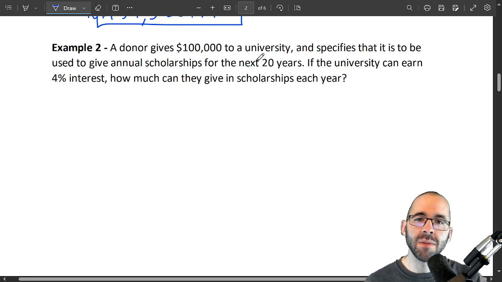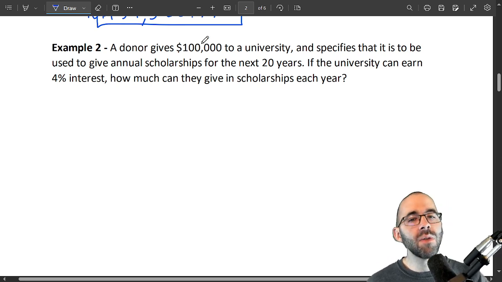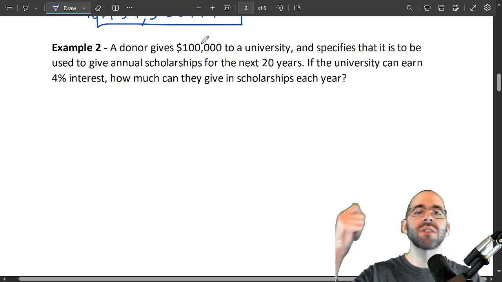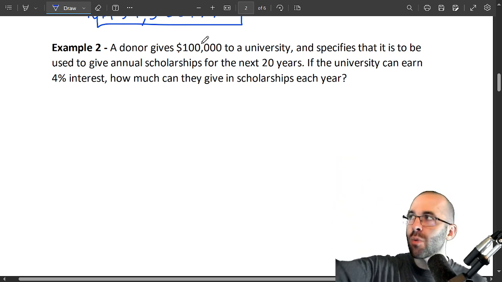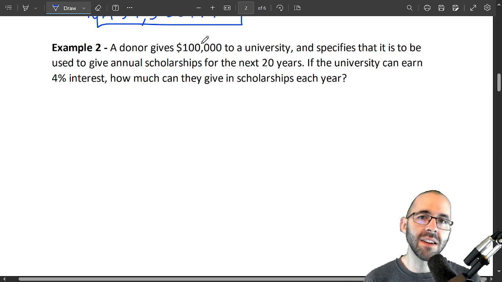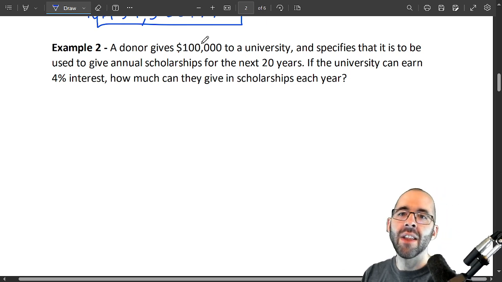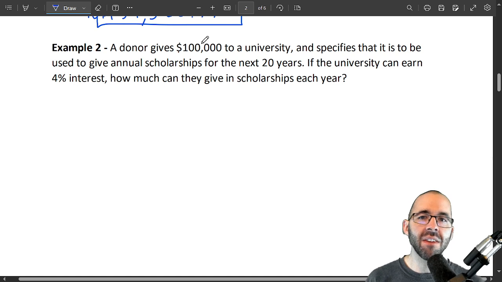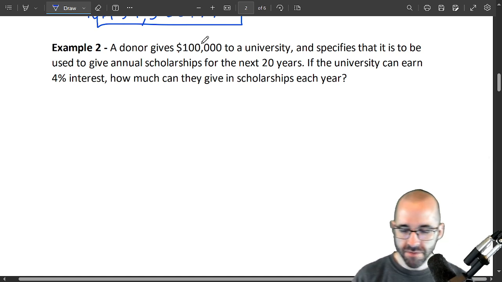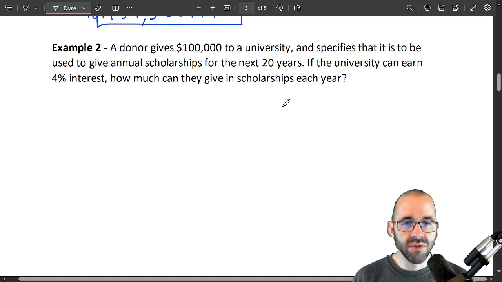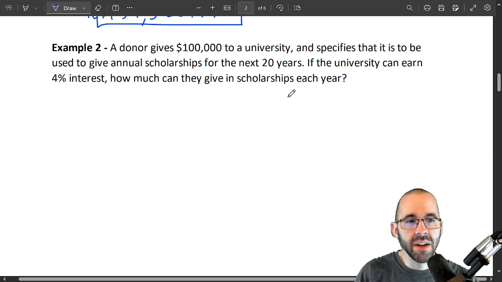Because if it didn't invest this money, each year would only be able to have $5,000 of scholarships. But if we invest this money, we can take out scholarship money every year, and the rest will be earning interest while we're not using it. And then we're going to be able to use a lot more than $5,000 every year. So this is also another way of seeing a payout annuity.